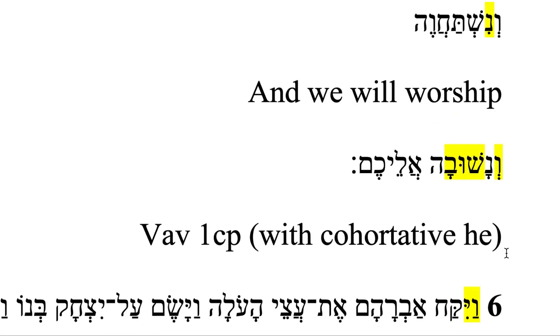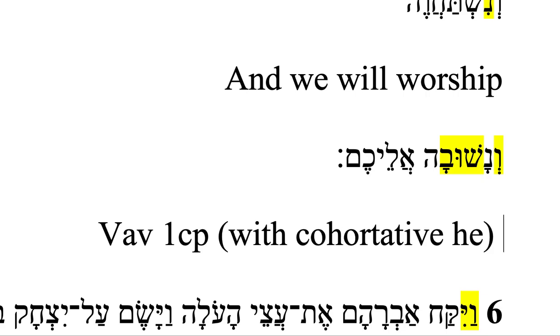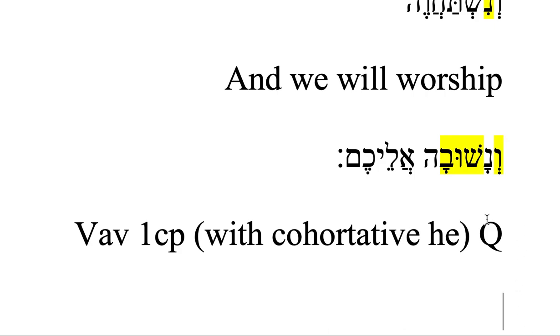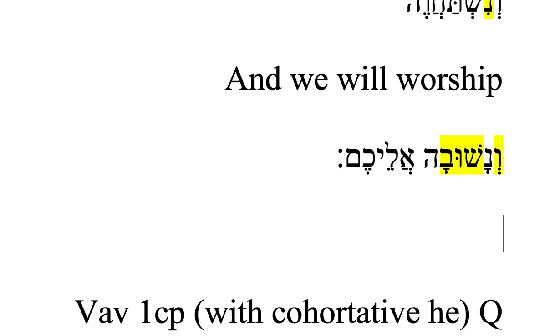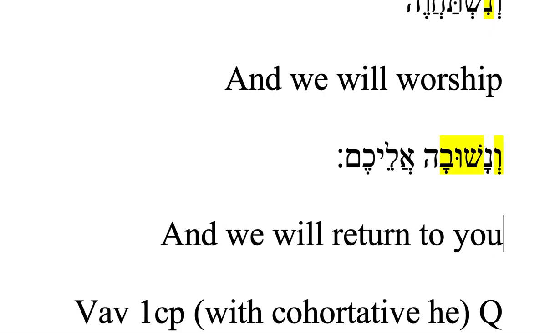So in translation, this would be, and by the way, for the stem, don't worry about that. I would have given that to you on the exam because it's an irregular. Okay, so you don't need to know why. So translation of this would be, and we will, shuv means to turn back or return. We will return elechem, to you.